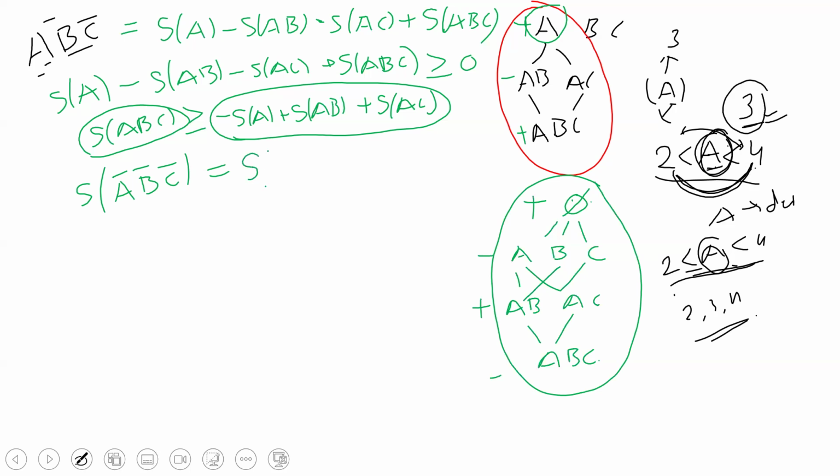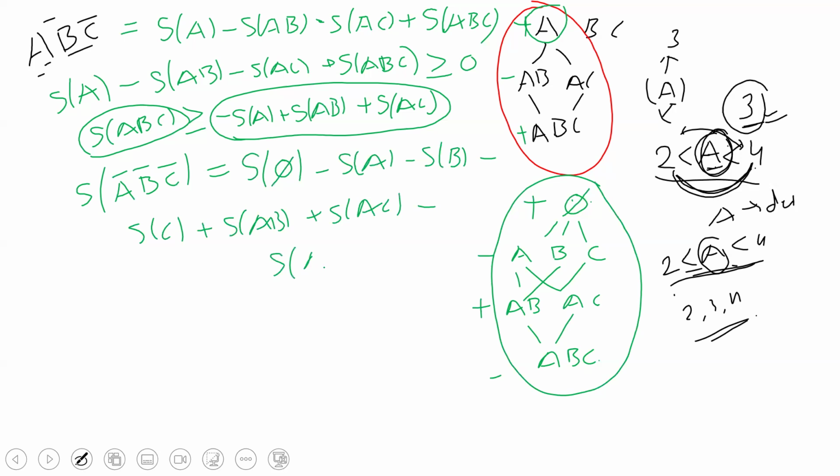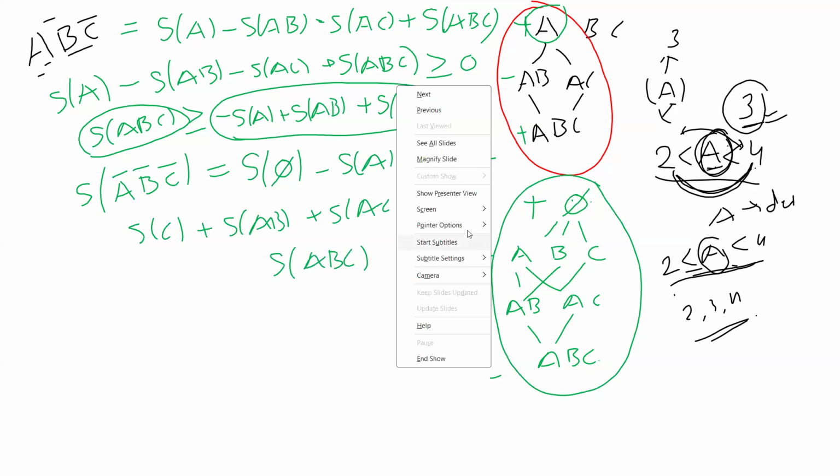This is written as S of pi minus, for all these terms you have minus, S of A minus S of B minus S of C, and then positive terms, which become S of AB plus S of AC. And then we got the minus term, which is minus S of ABC, right? That is what we are getting.